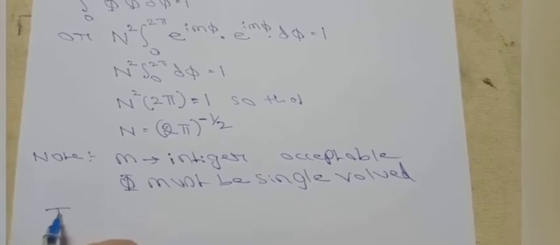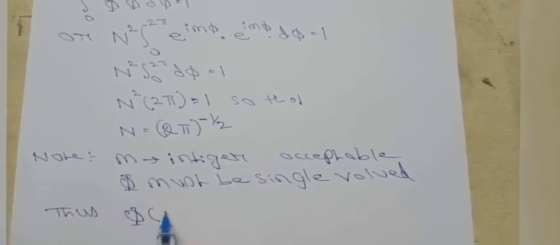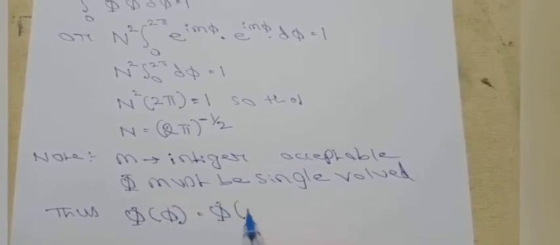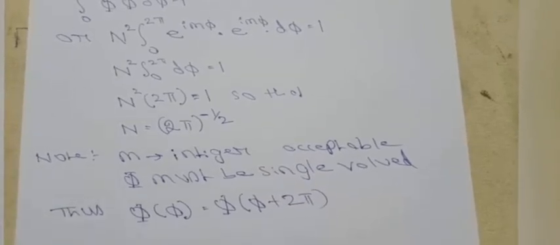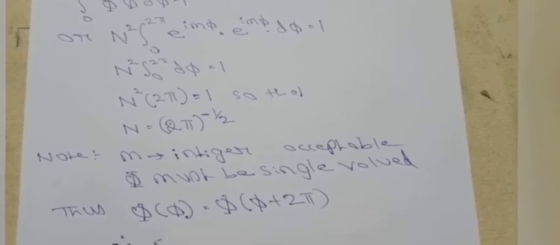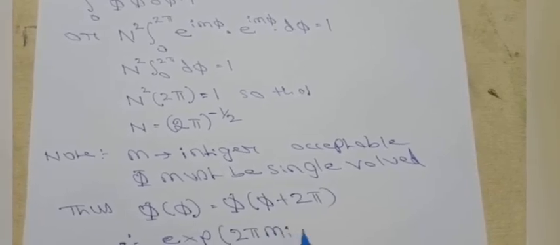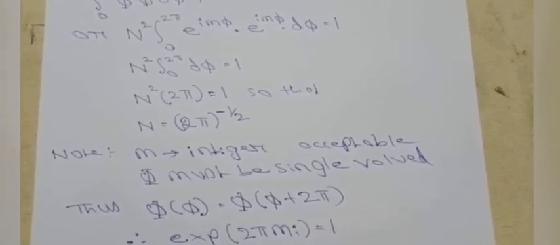So thus what we have is phi of phi is equal to phi of phi plus 2 pi. So this is the values of phi which we have assigned, and as a result, exponential of 2 pi m i becomes equal to 1.